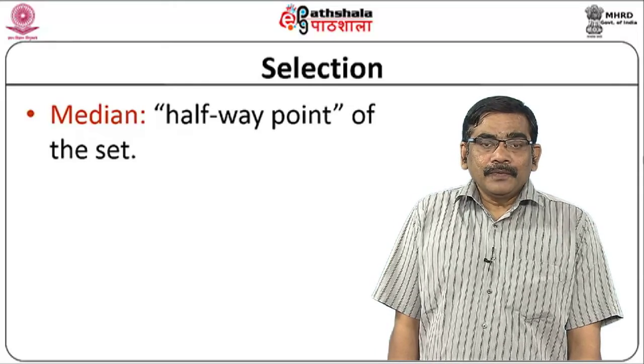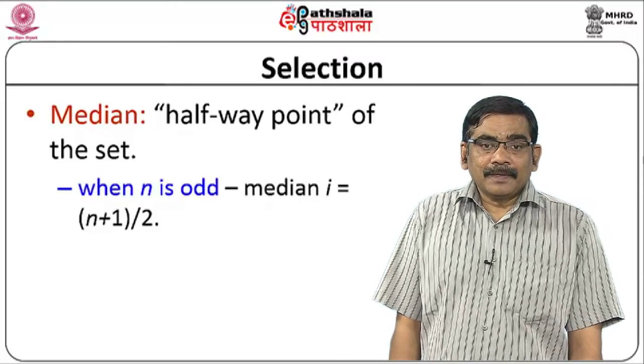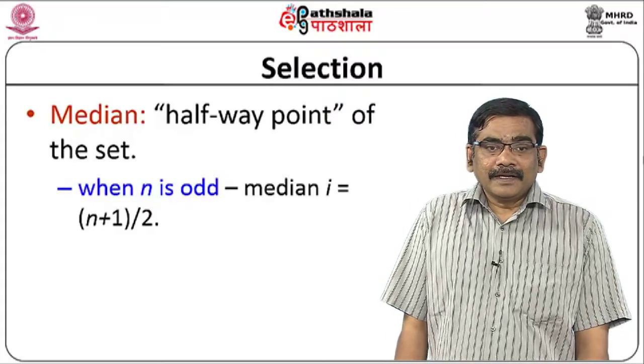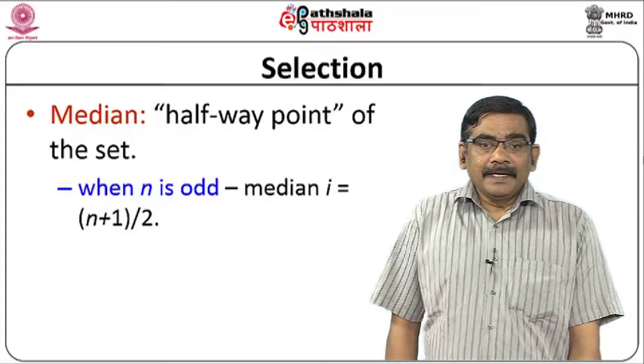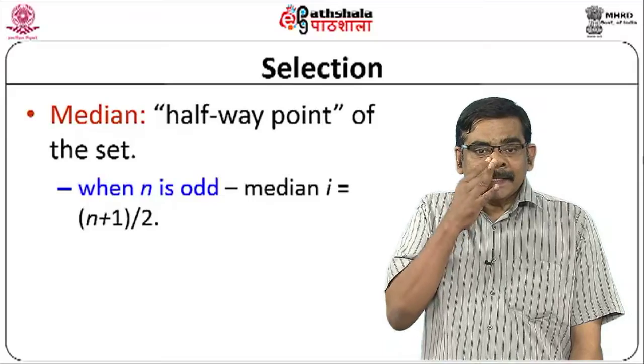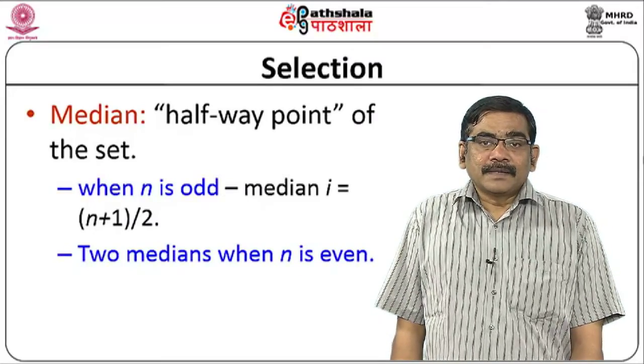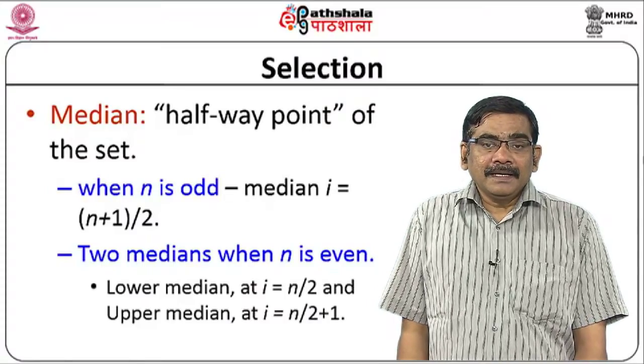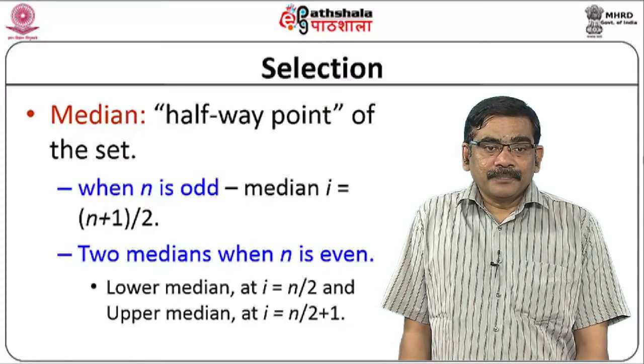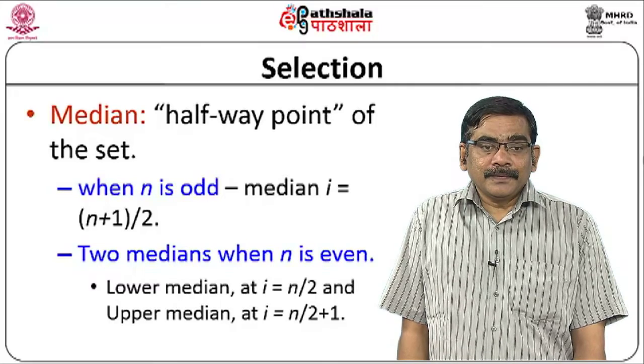So, we will take the primary problem of finding the median. The median is the halfway point of the given set. If n is odd, then the median is the element at position (n plus 1) by 2.